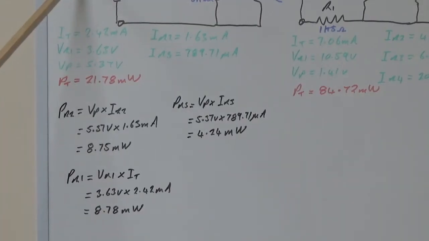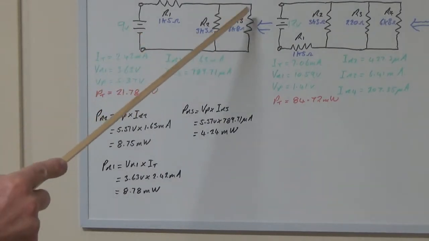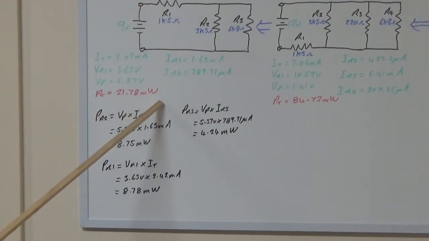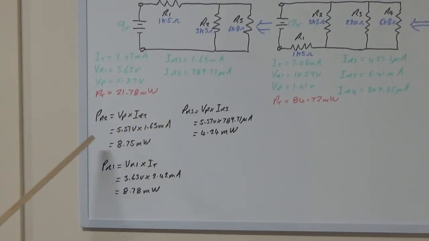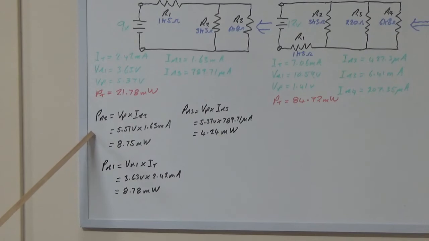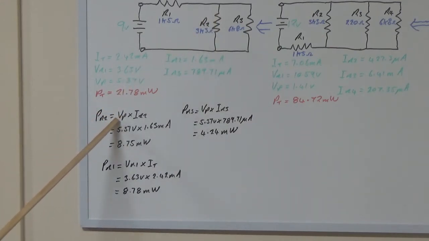So working on this circuit here, with the 9 volt supply, what we've done now is work out the power consumption of each of the resistors and see if it compares to our total power consumption for the actual circuit. Working on the parallel circuit here, we've got the power at R2, the power consumption of this resistor, which is your voltage for your parallel times the current passing through IR2.